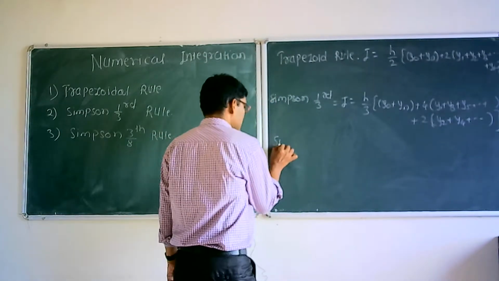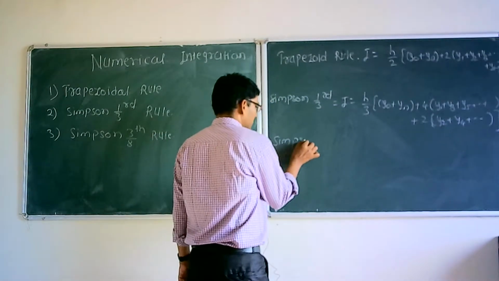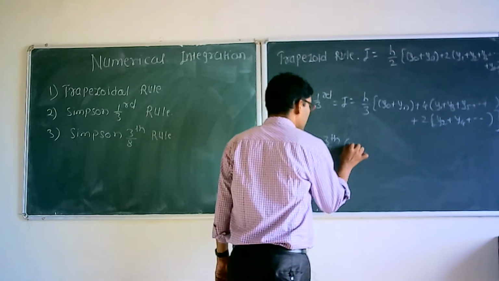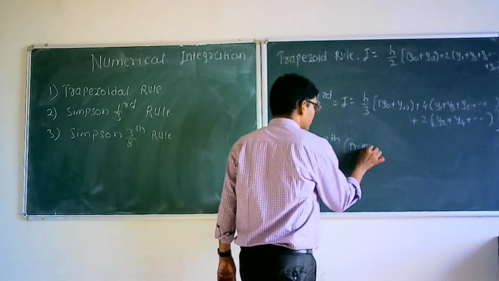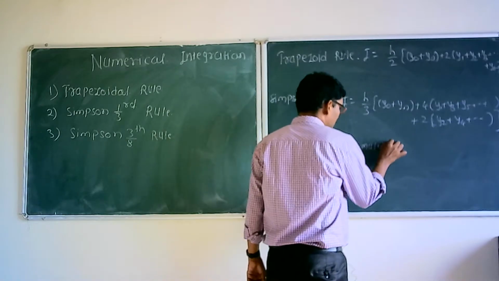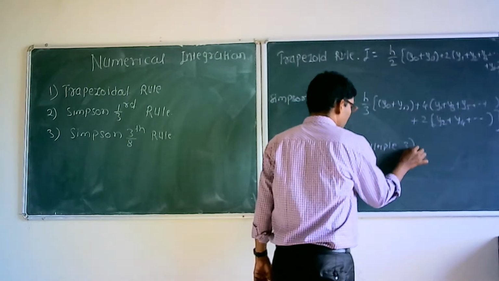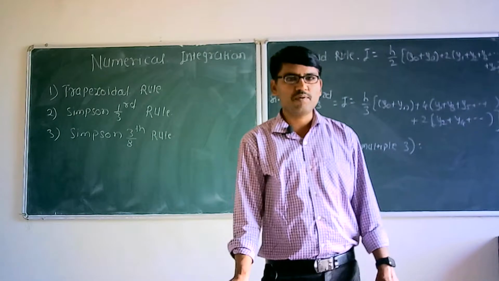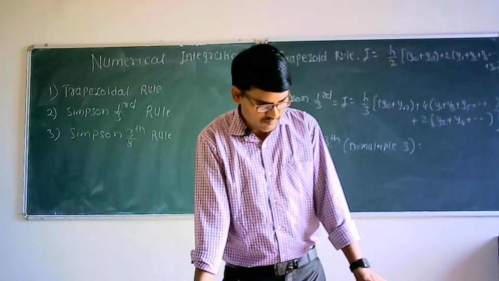And last, Simpson 3/8 rule. This rule is only applicable if your n is a multiple of 3, that is, the number of intervals must be a multiple of 3.